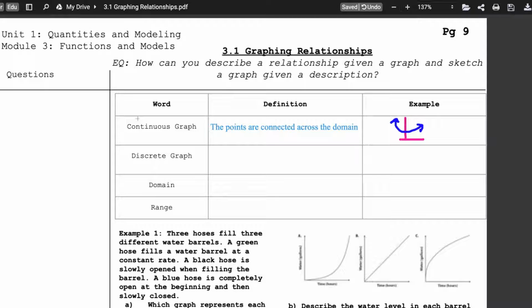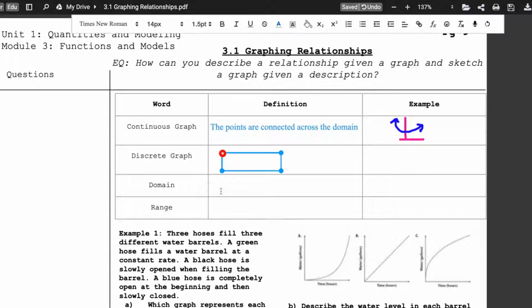It's continuous. Now, a discrete graph is a little different. A discrete graph is a collection of points, of unconnected points, actually. Or segments. Important to note segments, because remember, segments are just like little pieces of a line.